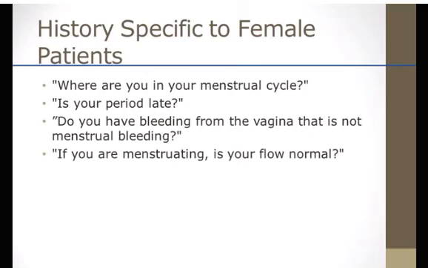And if it ruptures, we run that same risk of having peritonitis set in. So this is important for us to know with women, especially if they're in those reproductive years. So is your period late? Oftentimes when this happens, the women don't even know yet that they are pregnant. So we want to start asking this question early.